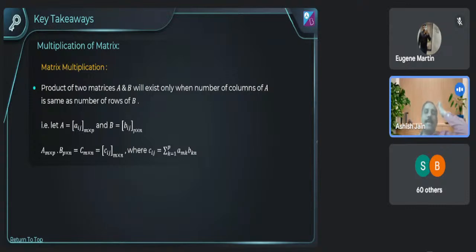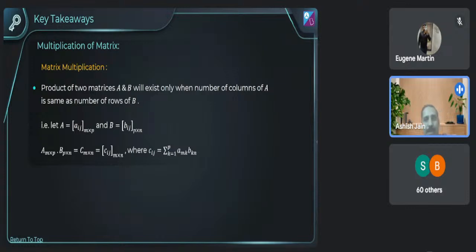Suppose we have a matrix A of the form A of ij. The dimension is m rows and p columns. So dimension क्या हो गया? M cross p. And we have a matrix B of ij, p cross n. मतलब p rows and n columns. अगर मुझे इसको मल्टीप्लाई करना है तो मैं ये चेक करूंगा कि number of columns of A should be equal to the number of rows of B. Here the number of columns of A is p and the number of rows of B is also p.